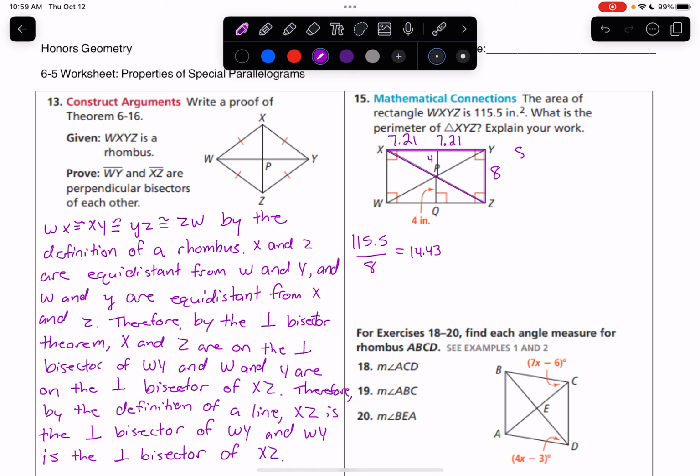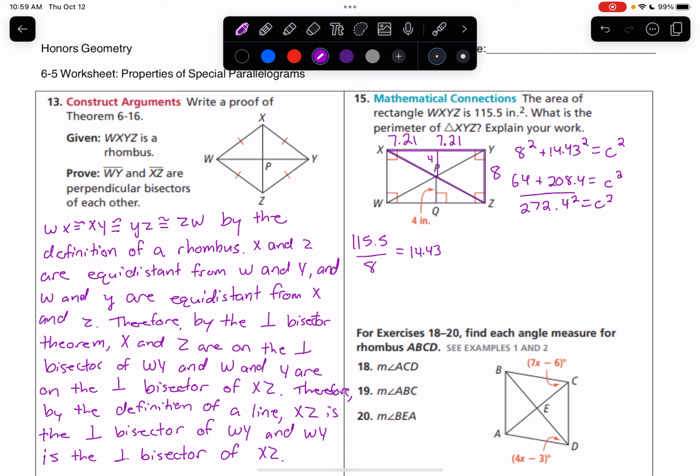So I can say 8 squared plus 14.4344 squared equals c squared. That's 64 plus 208.4 is equal to c squared, which gives me, when I solve this, I add them together, that's 272.4 equals c squared.